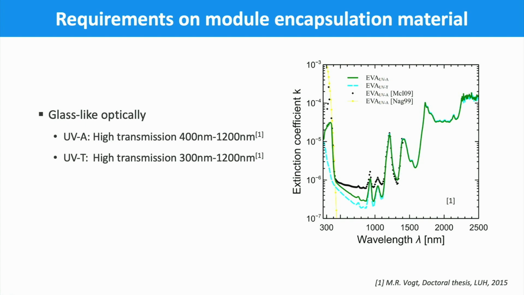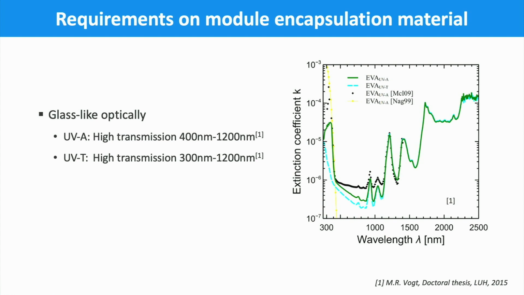If an encapsulation material has high transmittance in the wavelength range between 320 and 1150 nanometers, we call it UV transmitting. The other category is called UV absorbing because it absorbs UV light.